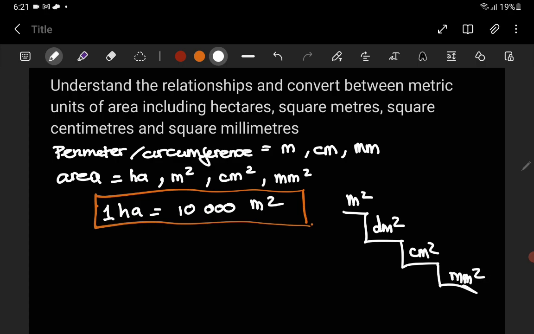You need to remember, for every step down, you multiply by 100, and for every step up, you divide by 100.